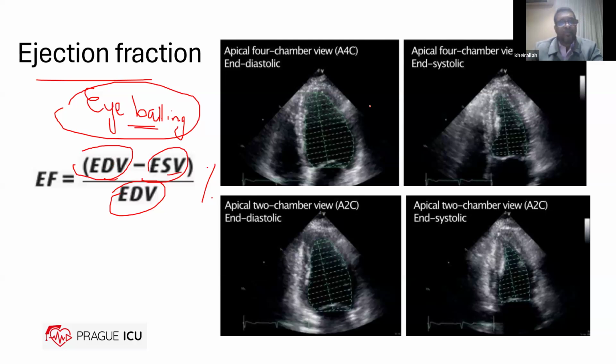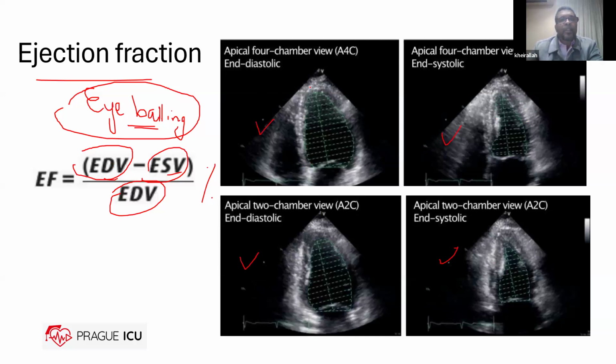How do I get these volumes? In the machine, there is biplane or Simpson method software built into all echo machines, and you just have to go into 4-chamber and 2-chamber. So you take the 4-chamber like this and the 2-chamber like this.